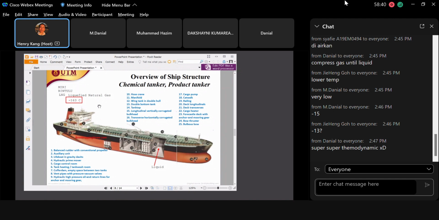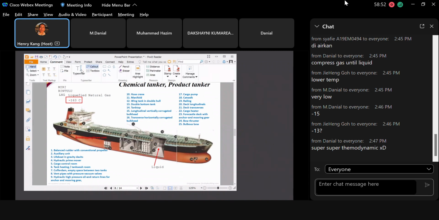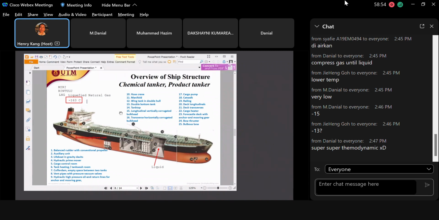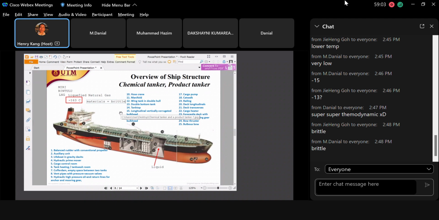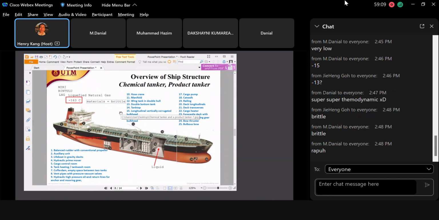So if you put normal metal, normal materials or normal rubber in this condition, all of the materials will change their behavior. Even metals will become super brittle, right? Yes, the material will become very brittle.